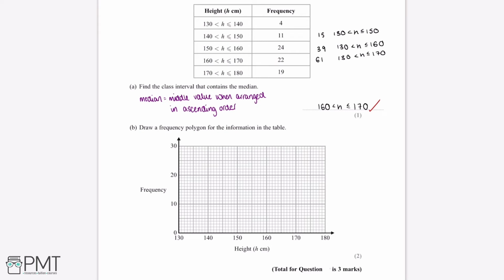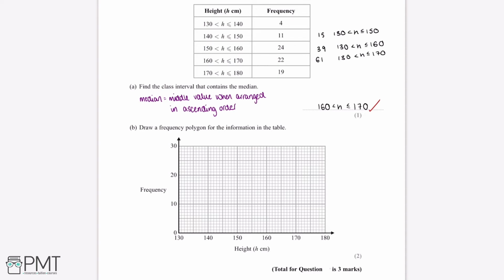So, for example, the midpoint of 130 to 140 centimetres will be 135 centimetres. So if we start off with the first row, heights between 130 and 140 centimetres, so the midpoint is going to be 135 centimetres and the frequency will be 4.